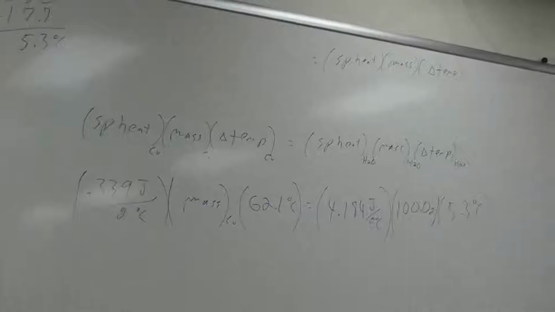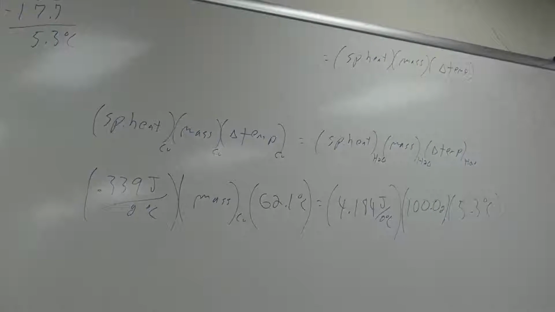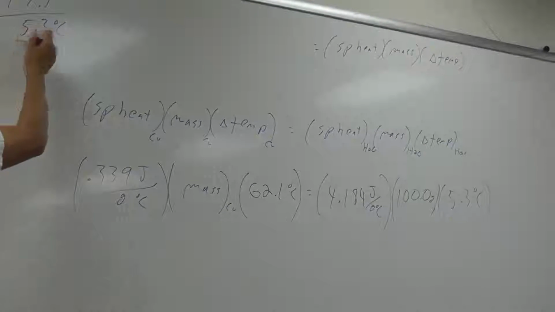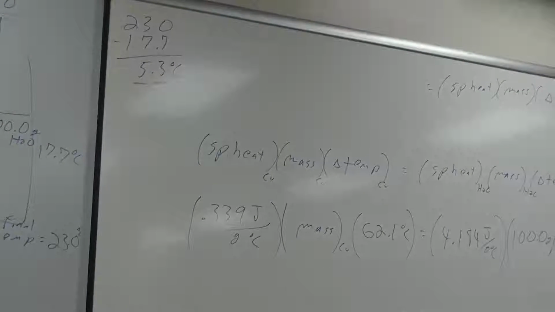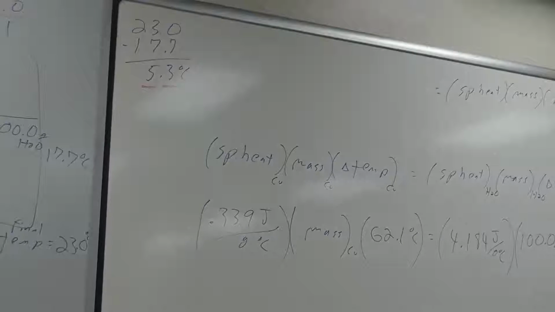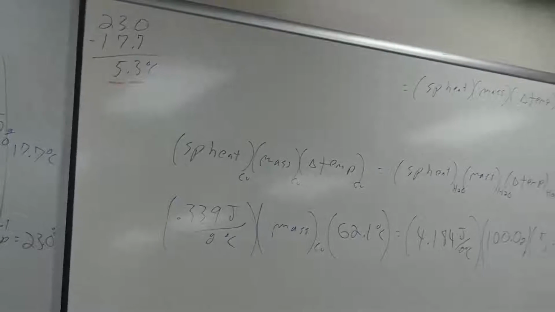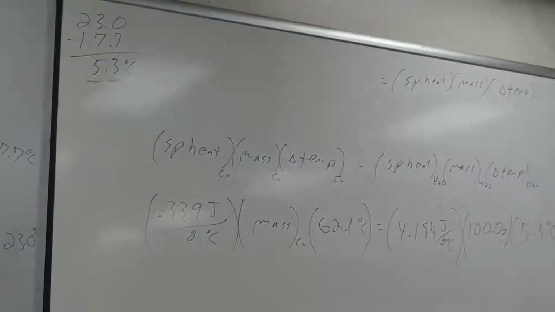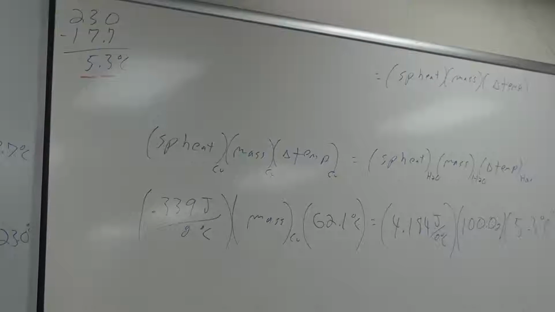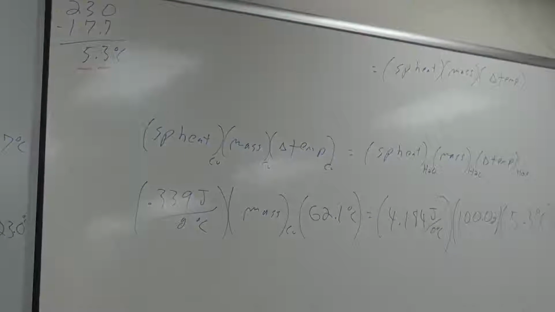You're limited to two significant figures because of this 5.3. The temperature change of the water is only 5.3 degrees. That's two significant figures, and by the time you throw that into your multiplication and division, your answer is going to be limited to two significant figures.